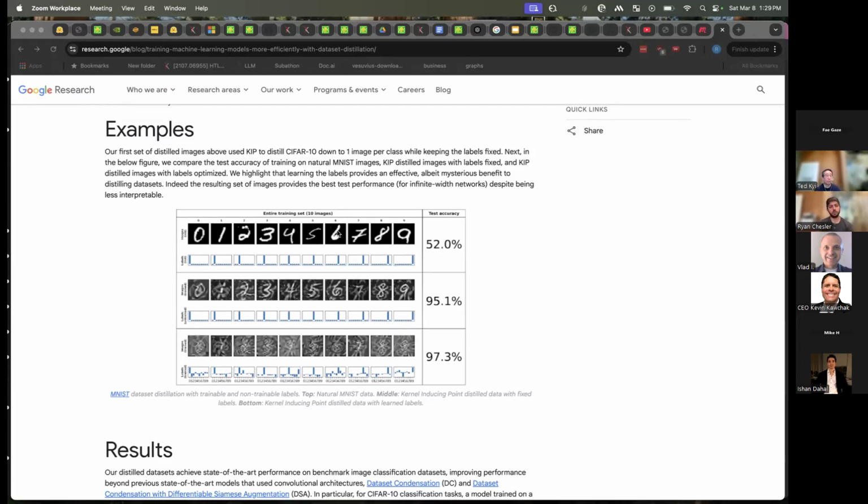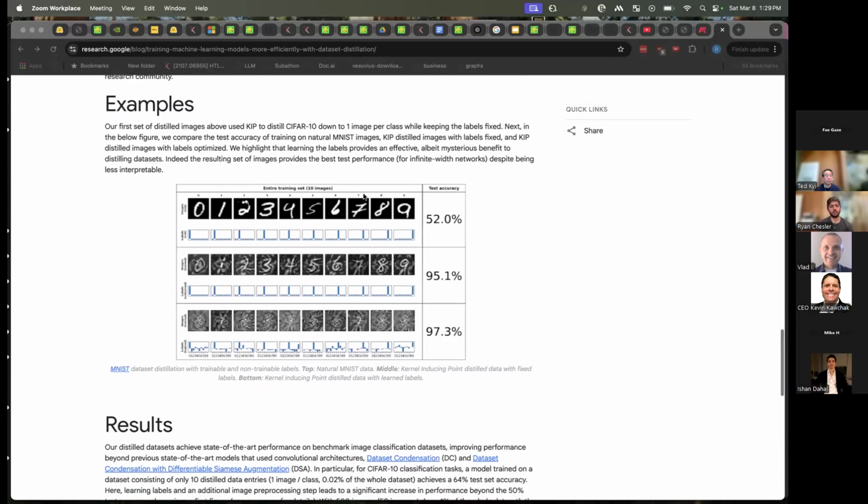There's this Google paper from a while ago that was essentially saying we can do even better than that: generate examples that teach the model the best possible in a very condensed way. So if you had 10,000 images, now pick the 1,000 that are most instructive or something like that.